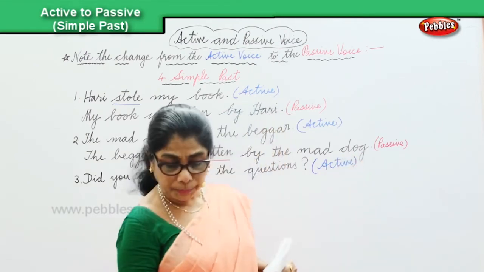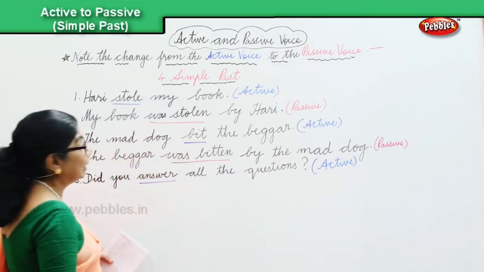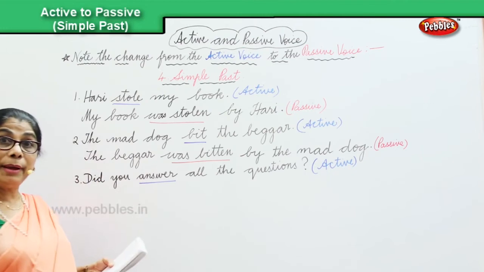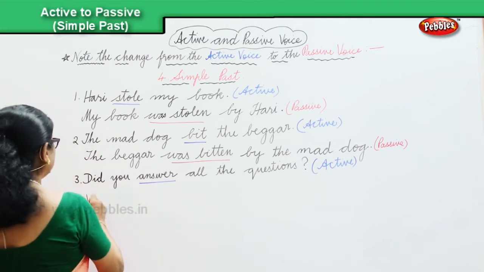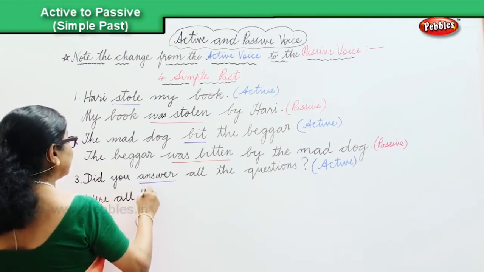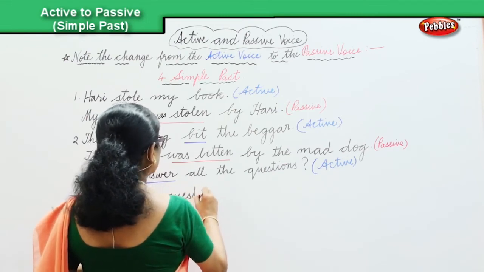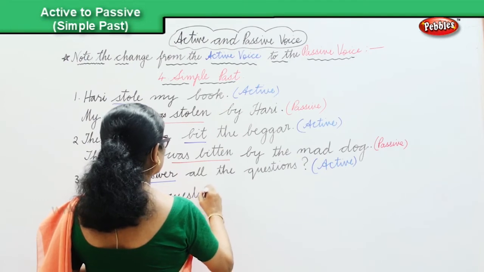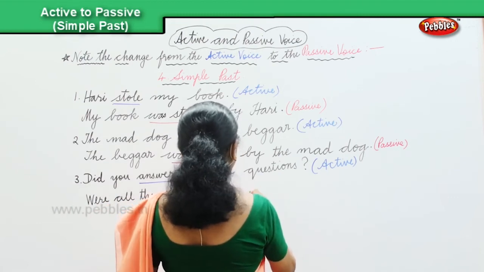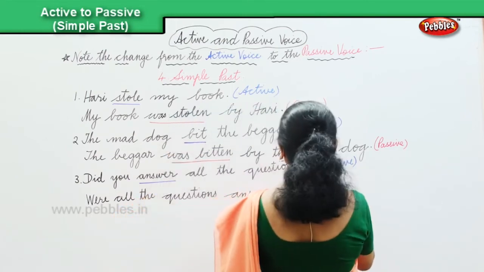Let's do the changeover in the simple past into the passive voice, and it will be were all the questions answered by you? Were all the questions answered by you?